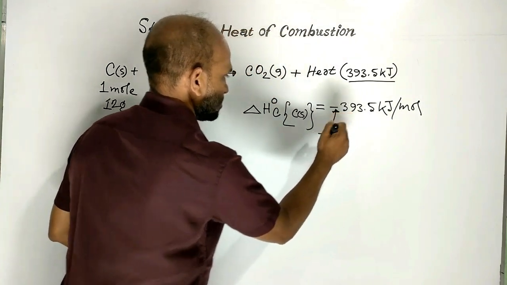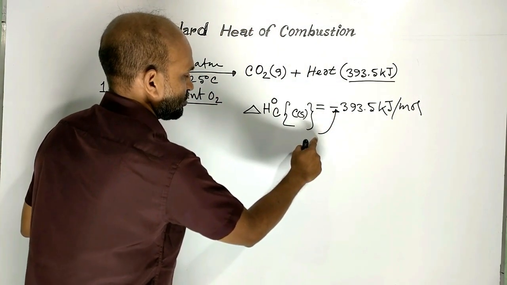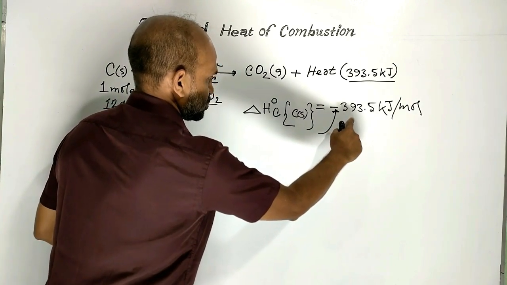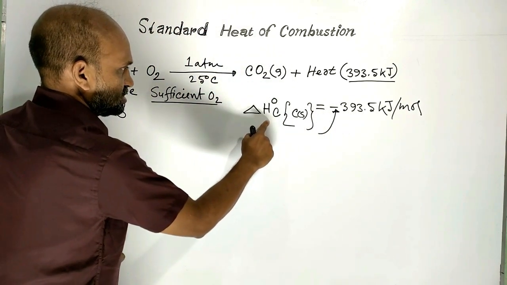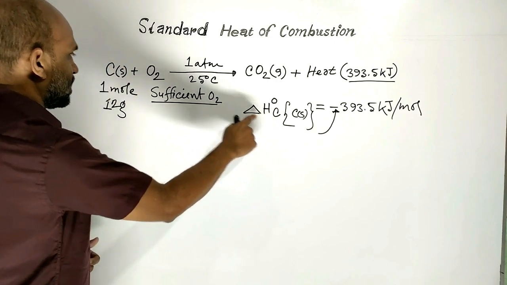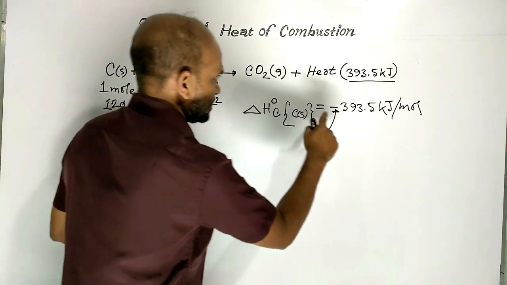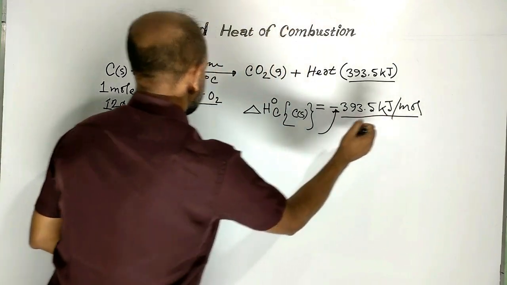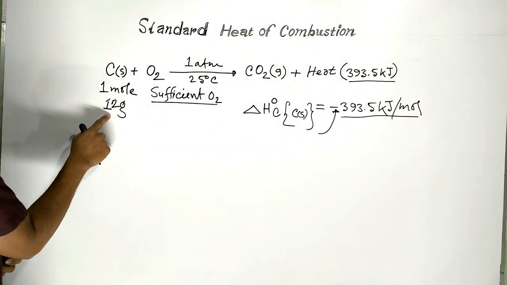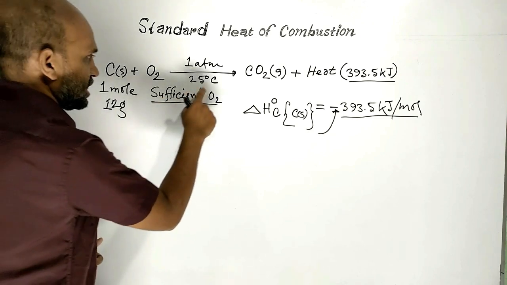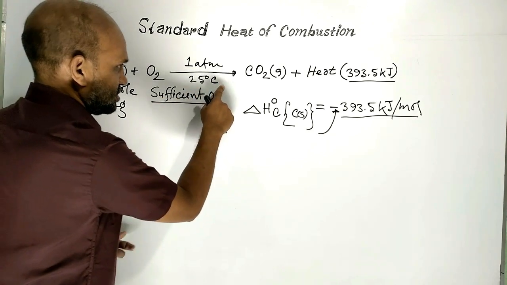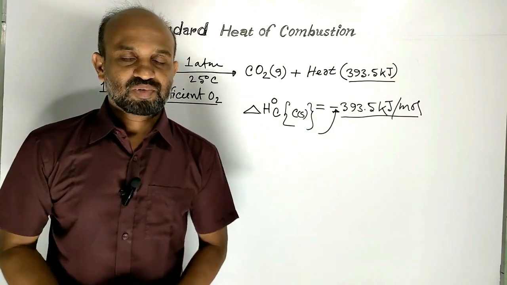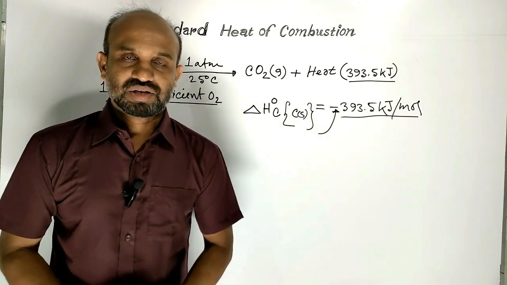This minus sign refers to production of heat, release of heat to the surroundings. So here, this is heat of combustion of carbon. Definition: the amount of heat released from the burning of 1 mole substance at standard condition is called heat of combustion, standard heat of combustion.